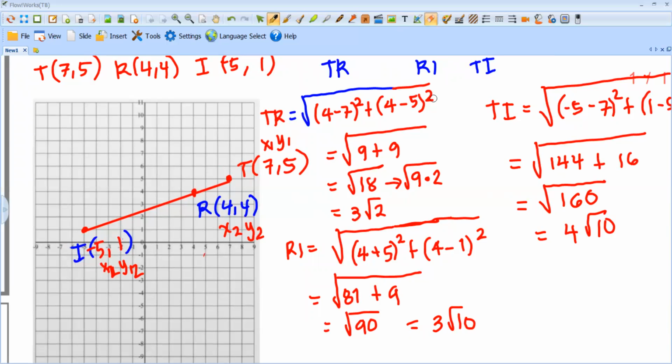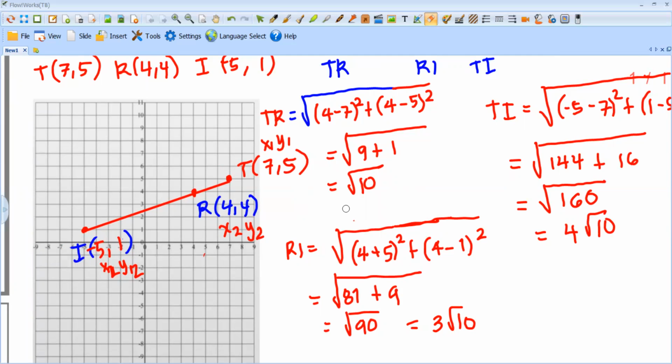So it should be negative 1 squared, which is 1. So that would be the square root of 10. So there is a mistake again. So it is the square root of 10.